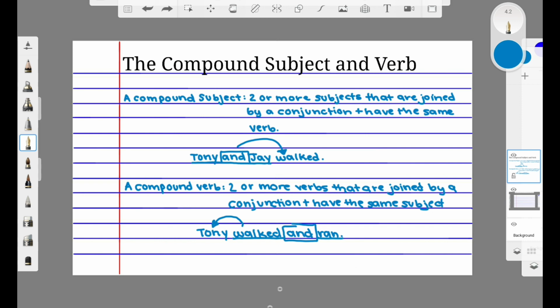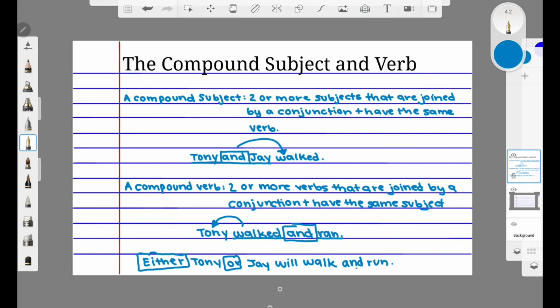So if we were to say something like, either Tony or Jay will walk and run, then Tony or Jay is the compound subject because they are joined by the conjunction either/or, and they both are talking about the same verbs.